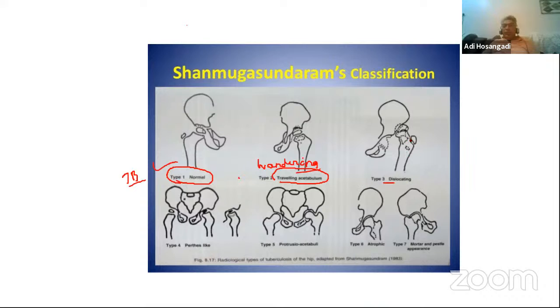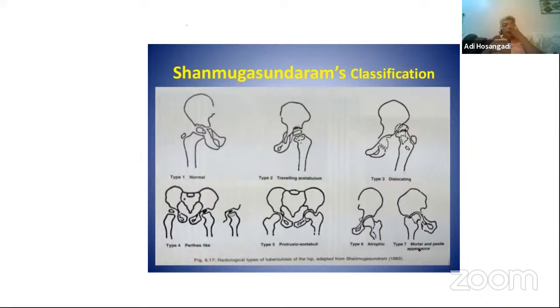Then comes the dislocating type, where the head is completely dislocated away from the acetabulum. Then comes your Perthes type, which is again one of the types of tuberculosis. Then comes your protrusio acetabuli, atrophic, mortar and pestle.